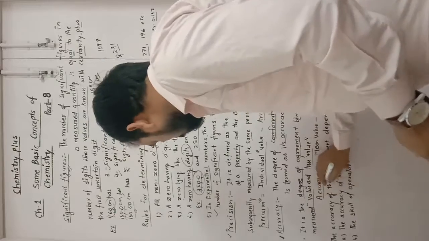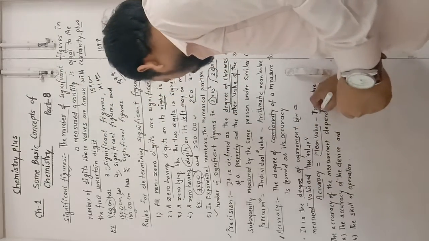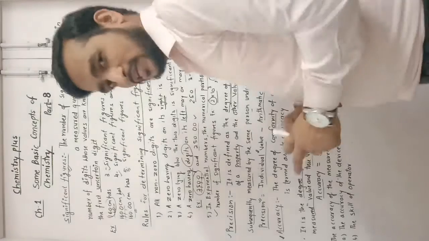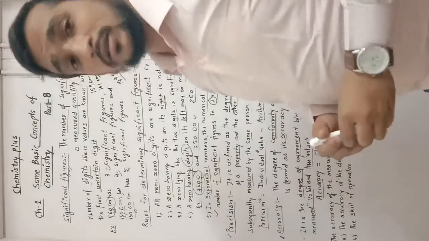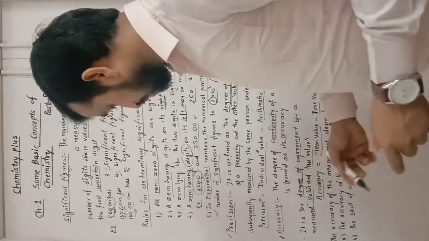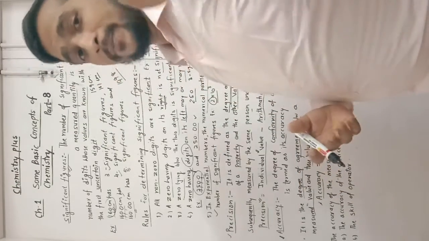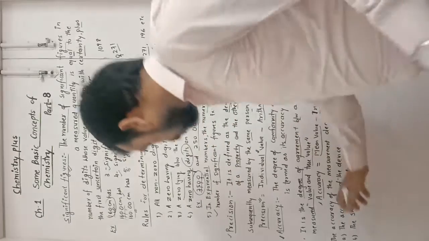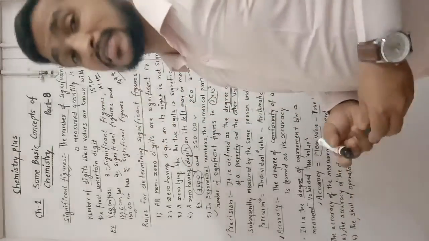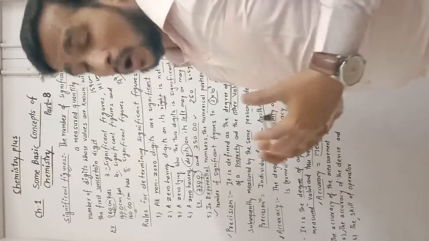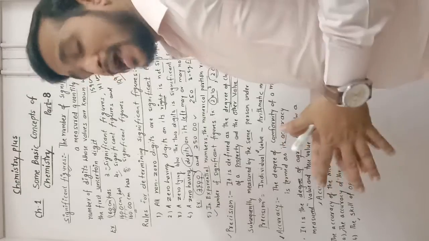Accuracy can be represented as the mean value of the particular physical quantity minus the true value of the same physical quantity. So this is accuracy, and the previous one is precision. Lastly, the accuracy of any physical quantity measured by a device depends on two things. The first is the accuracy of the device, and the second is the skill of the operator, meaning how skillful the person operating the device is.